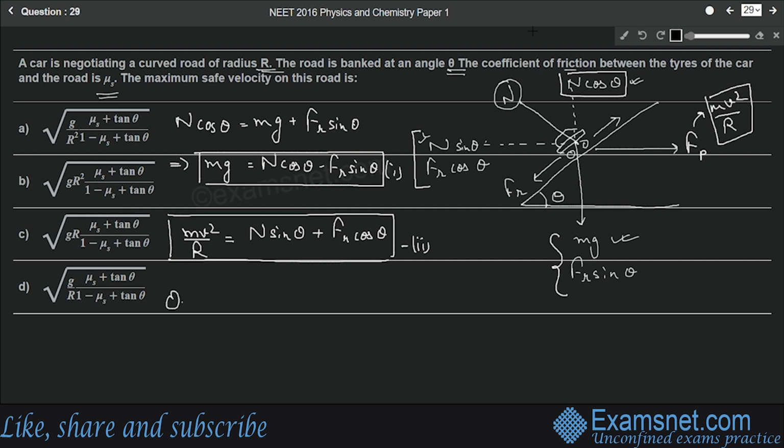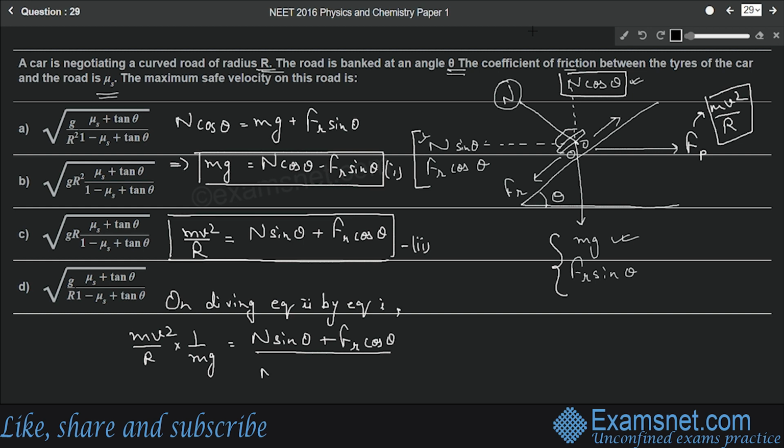So let's divide equation 2 by equation 1. On dividing equation 2 by equation 1, what do we get? On the left hand side, mv square by r divided by mg, and on the right hand side, n sin theta plus Fr cos theta divided by n cos theta minus Fr sin theta.